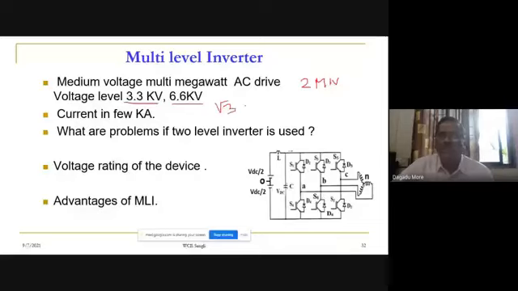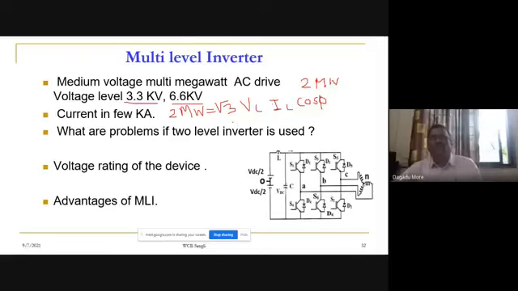Root 3, VL line voltage, IL line current, and cos phi the power factor of the motor. You can assume it as 0.9. The output power of 2 megawatt will be root 3 VL IL cos phi. VL you already know, 3.3 or 6.6 kV, cos phi is 0.9, and you find out the current. This current will be a few kiloamperes, maybe 1 kiloampere, 2 kiloampere, something like that.